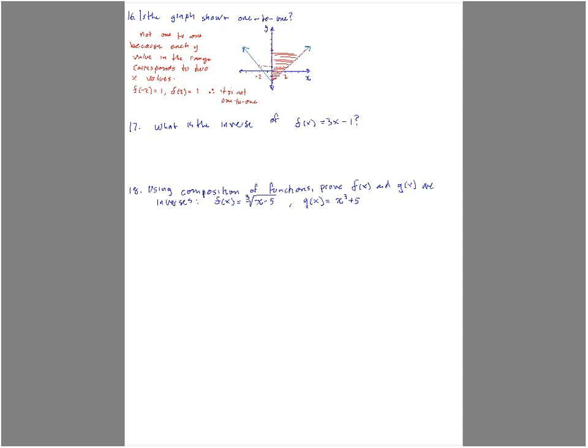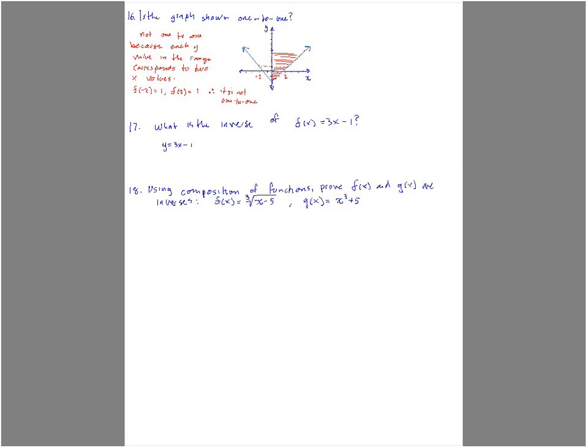To solve that, what you basically do is you move all of the operations over to the other side, right? And so what I'm going to do is I'm going to replace f of x with y. I'm going to say y is equal to 3x minus 1, not plus 1.